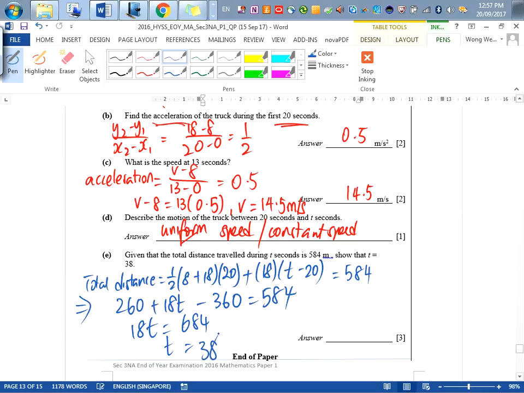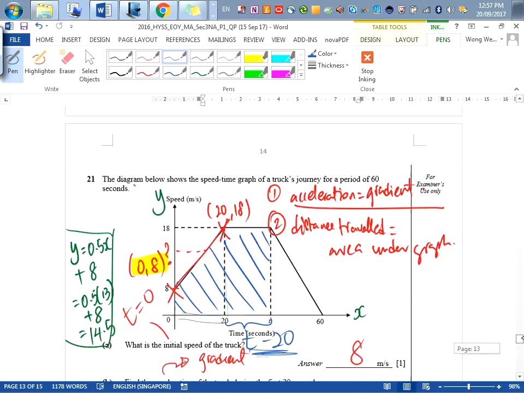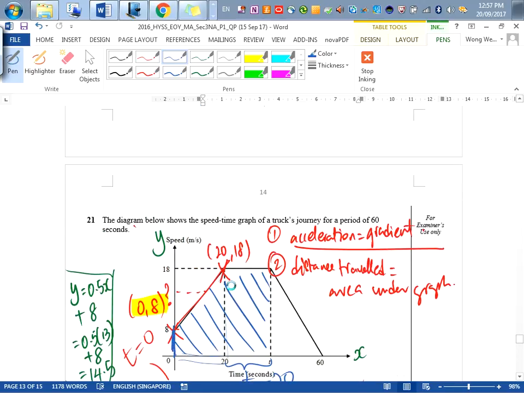Sorry? Why 8 plus 18? Where? Oh, this is the sum of the parallel sides of the trapezium. Here, 8 plus 18. Sum of parallel sides. Okay? Roberto, do you have a question? Trapezium.